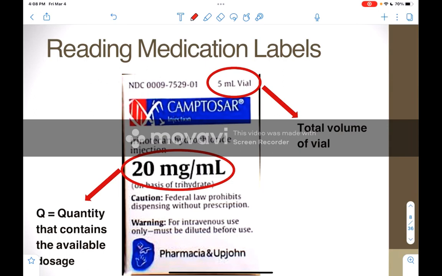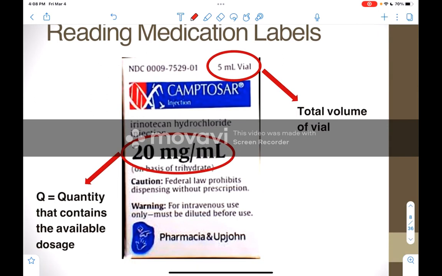Super, super important. So when we're looking at it, we need to find the quantity, the dosage that's measured out on the label. So that's right here. In this vial, that is 5 milliliters total, there's 20 milligrams of this medication, irinotecan hydrochloride. That's the medication name right here. So there's 20 milligrams of that in each milliliter, per 1 mL.